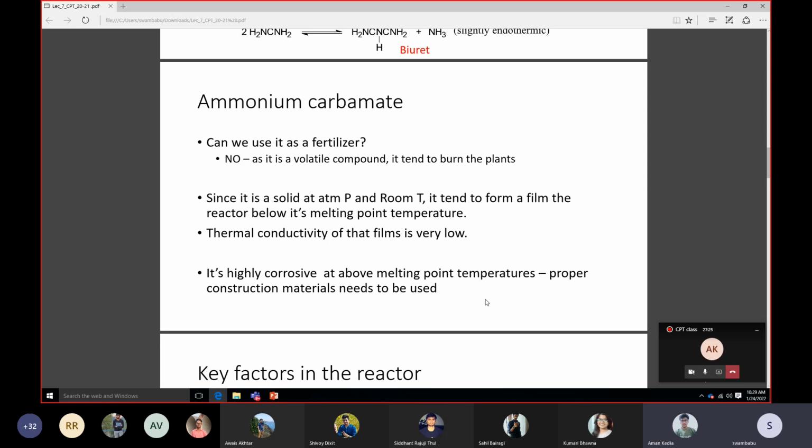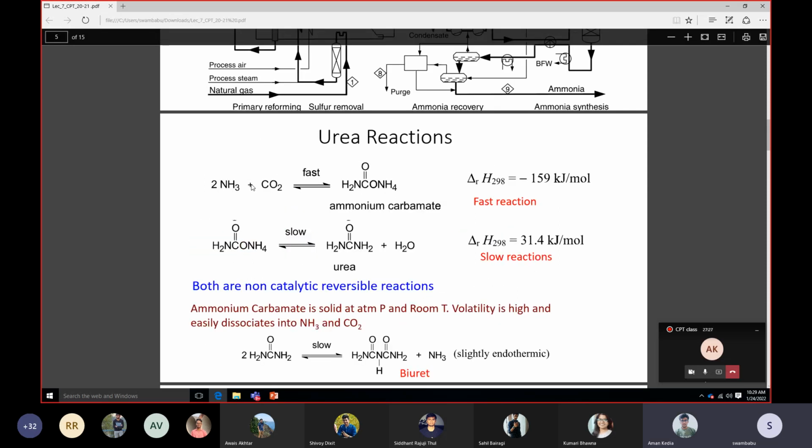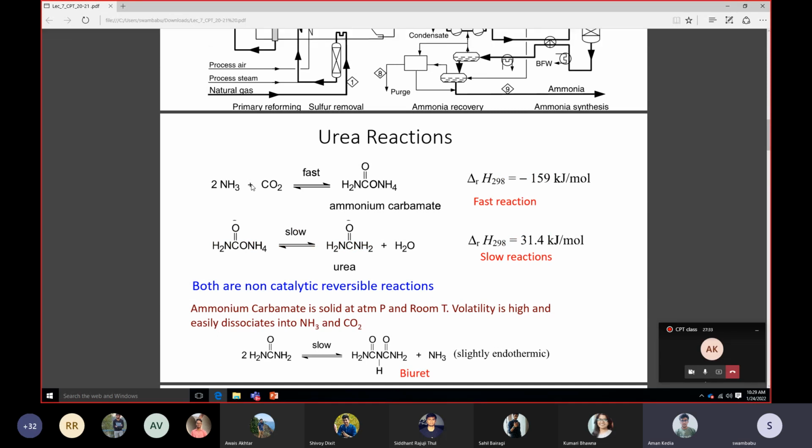The ammonium carbonate reaction, that is the first reaction, although favorable at low temperatures, cannot be operated at very low temperatures. Why? If you operate at low temperatures, ammonium carbonate tends to form as a film. What is the problem with that film? Its thermal conductivity is very low, hence it will not be possible to do the intermediate cooling.